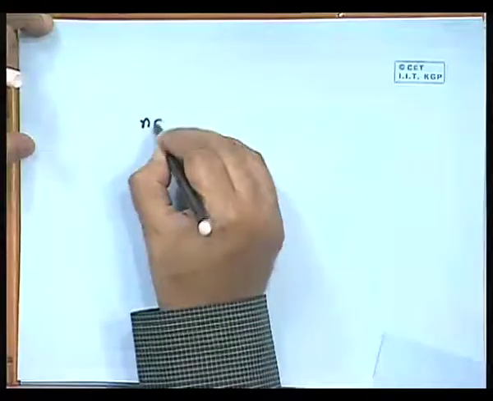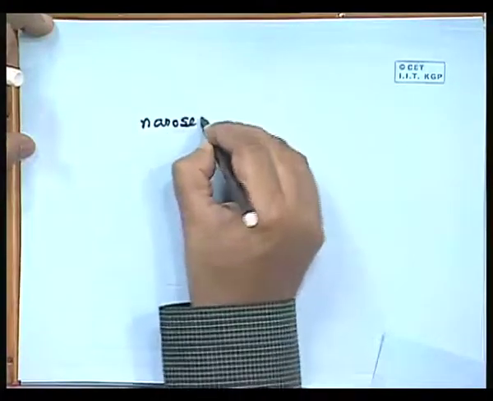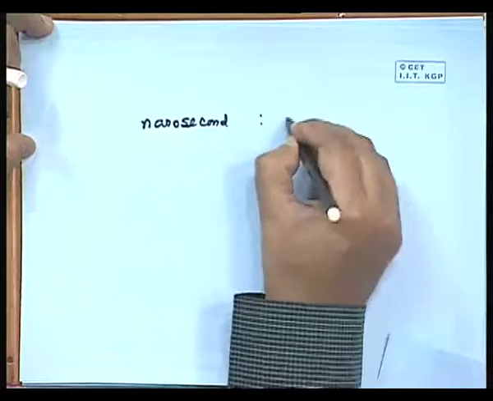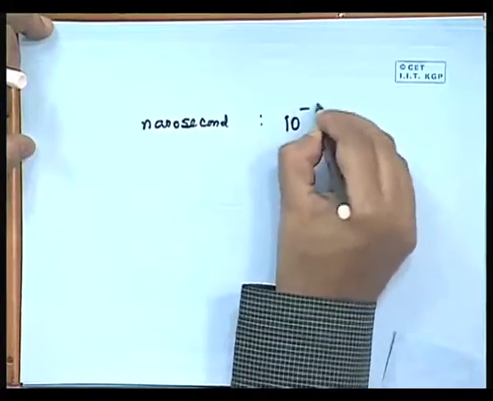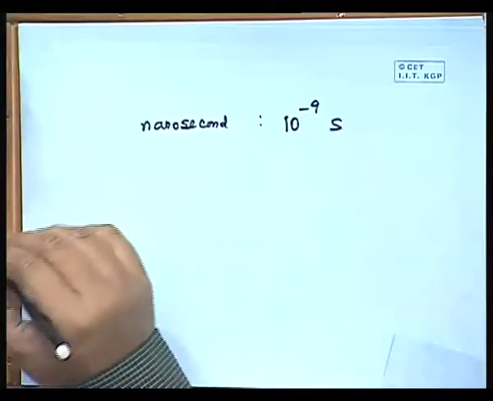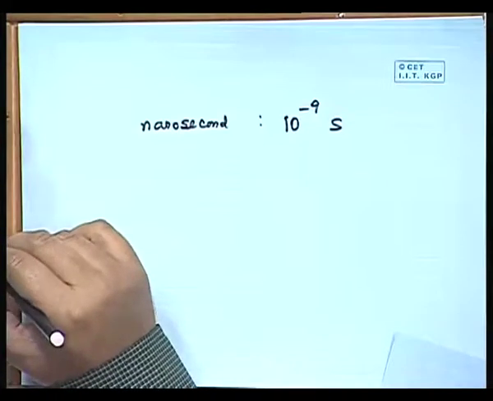Like today's silicon ICs, we know, their response time is expressed in nanoseconds. A nanosecond is a time which is 10 to the power minus 9 of a second.